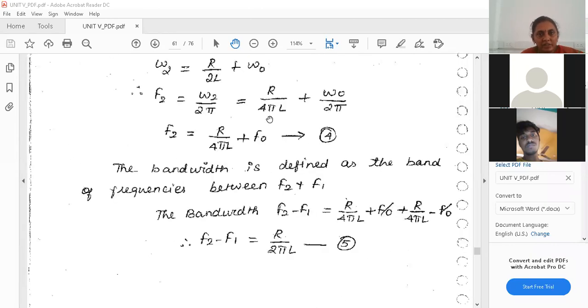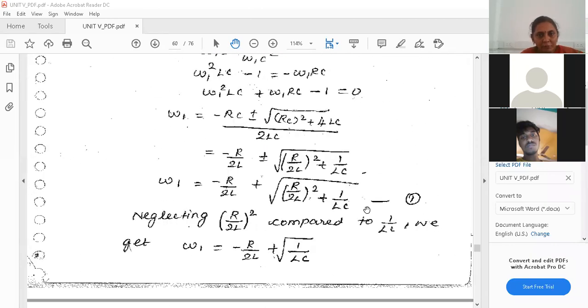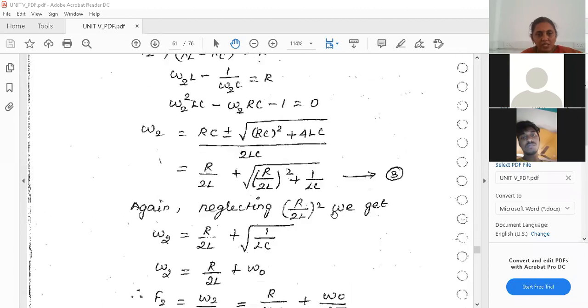What is omega 1? From equation 1, omega 1 is equal to minus R by 2L plus square root of R by 2L the whole square plus 1 by LC. And what is omega 2? Omega 2 is nothing but R by 2L plus square root of R by 2L the whole square plus 1 by LC.